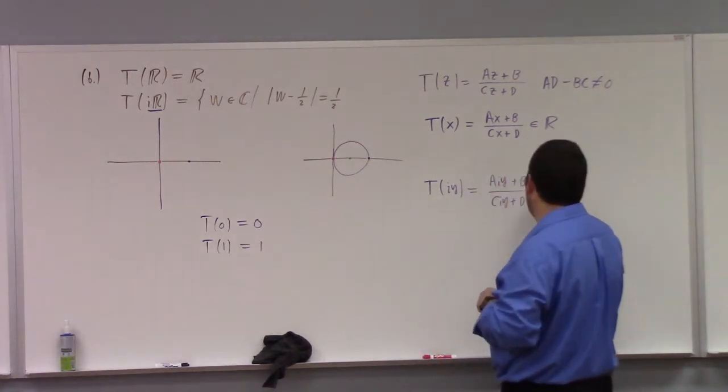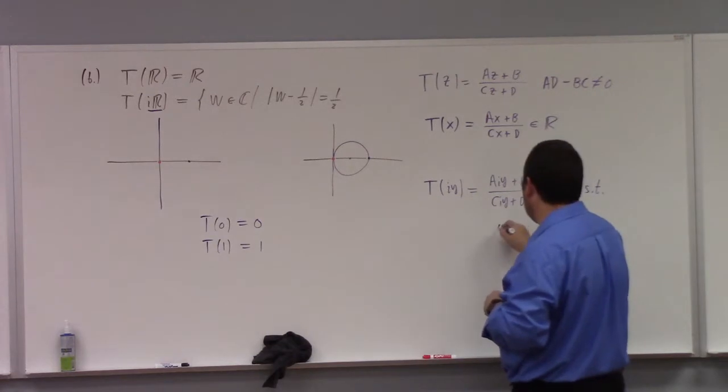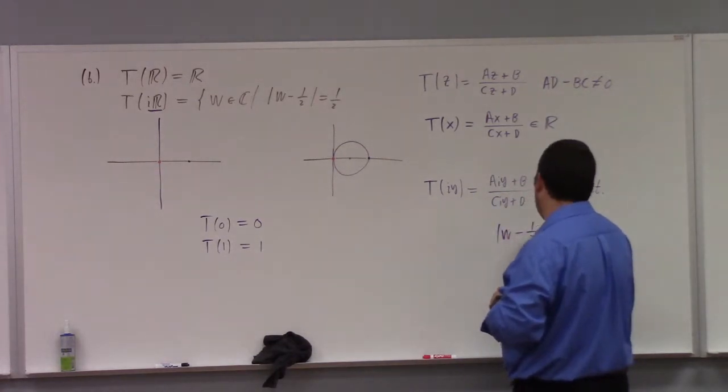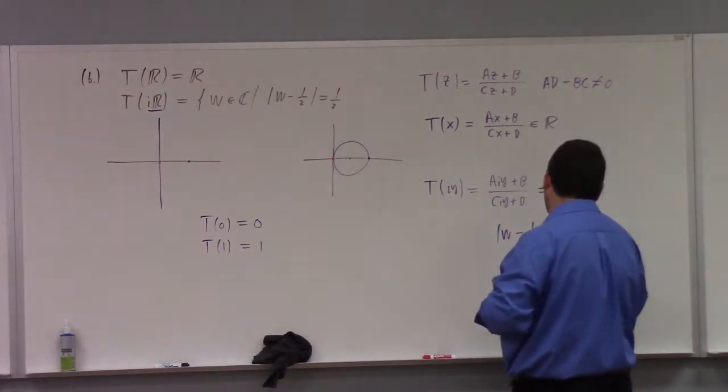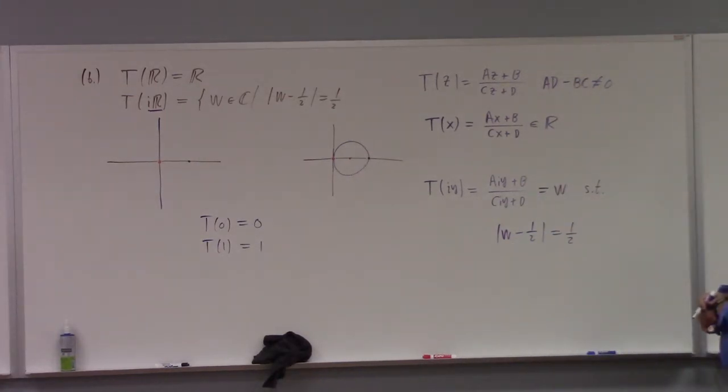And I know that that's equal to w such that the norm of w minus 1/2 is equal to 1/2.